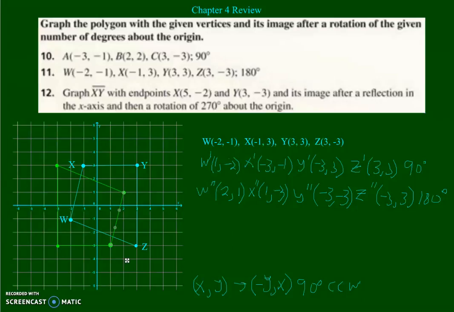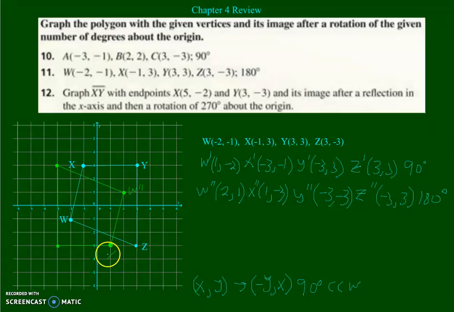And looking at it again, W is negative 2, negative 1, W double prime is 2, 1. So this is W double prime. And you can see that we can draw a straight line through these 2 points, meaning that's a straight angle, so it's a 180 degree rotation. Then X double prime is 1, negative 3.